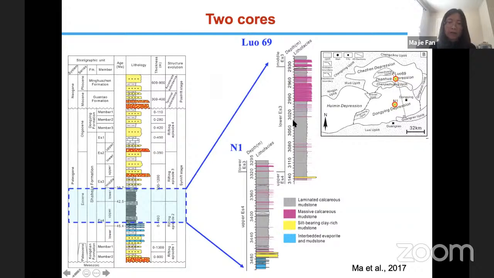For most of the core, the lithology is this gray, which we classify as laminated calcareous mudstone. The second dominant is the red, which we call the massive calcareous mudstone. Then we have a little bit of yellow, which is the silt-bearing clay-rich mudstone. And a little bit of blue at the very bottom of the studied interval, which contains a lot of evaporite and is also interbedded with mudstone.